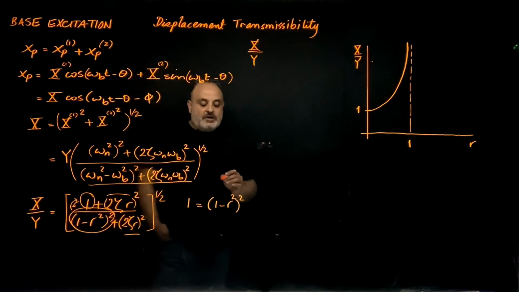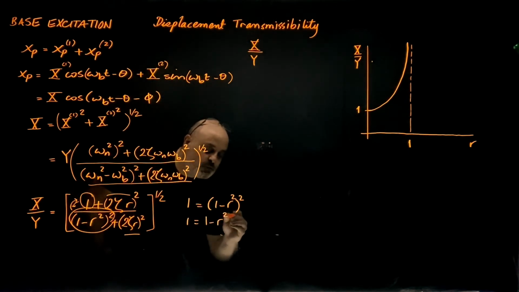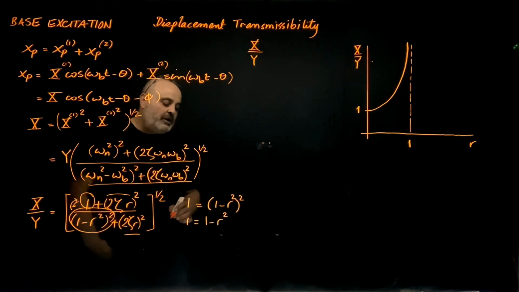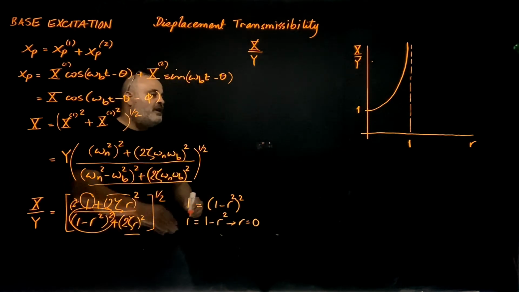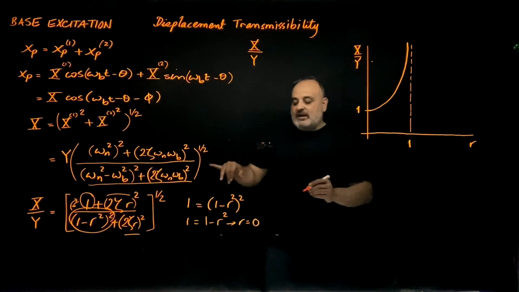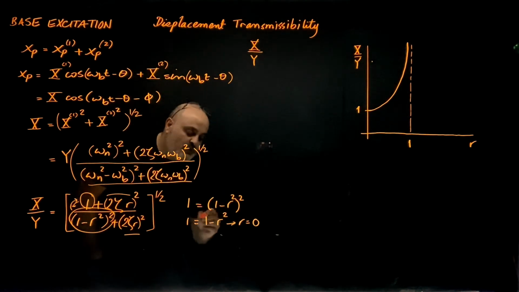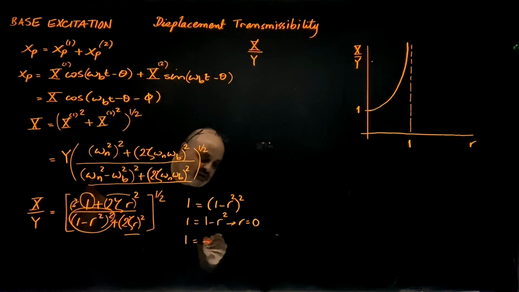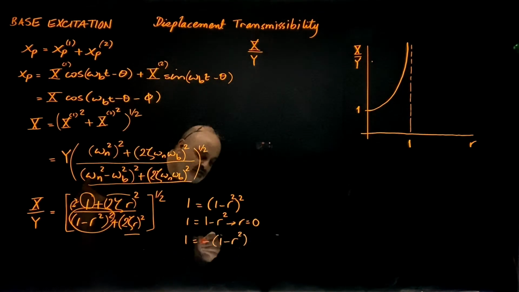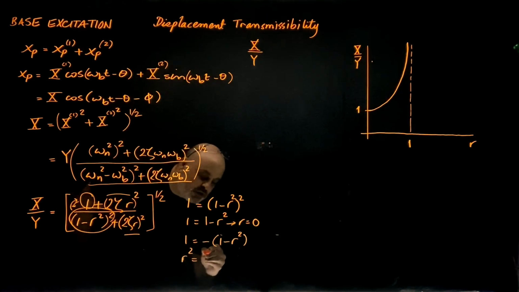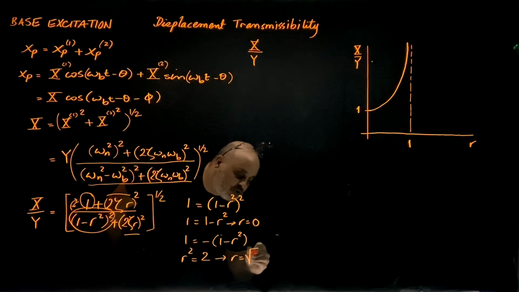And that happens when 1 equals 1 minus r squared, that's the first square root of the square, which means that r is 0. And that's what happened right here. But there's another interesting point: if you take the other square root, the negative square root, 1 is minus 1 minus r squared. That means that r squared is equal to 2, which means that r is equal to square root of 2.